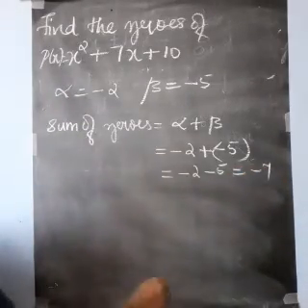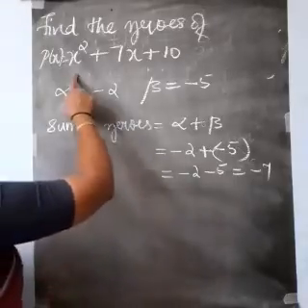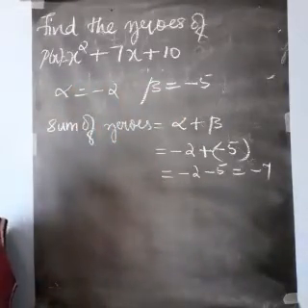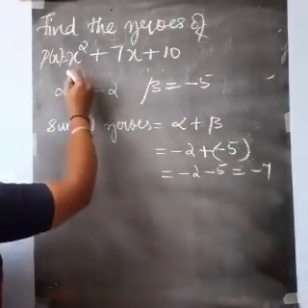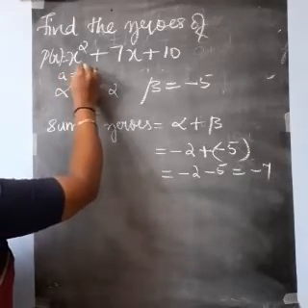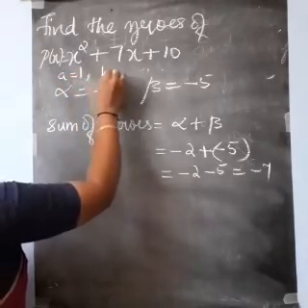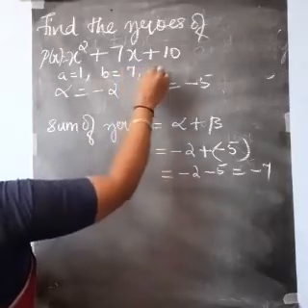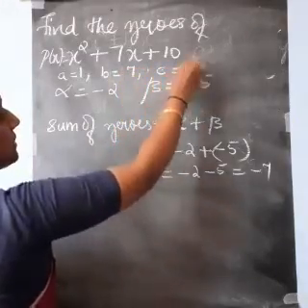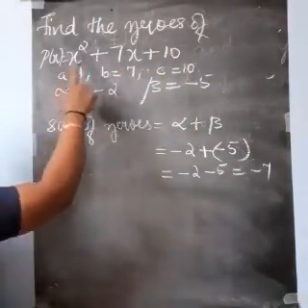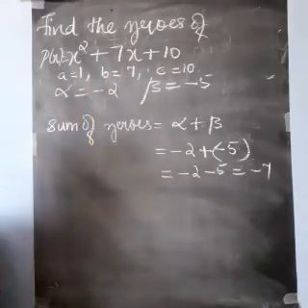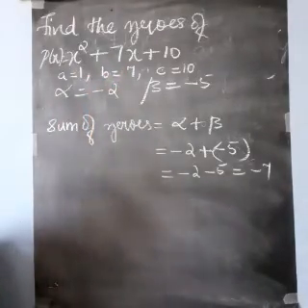Now, from the polynomial, let me see what a is equal to. A is equal to 1, b is equal to 7 and c is equal to 10, where a is the coefficient of x squared, b is the coefficient of x and c is the constant term.